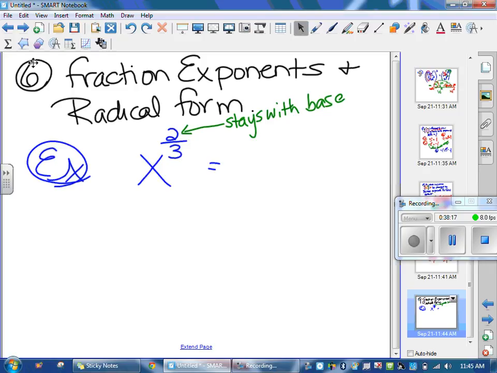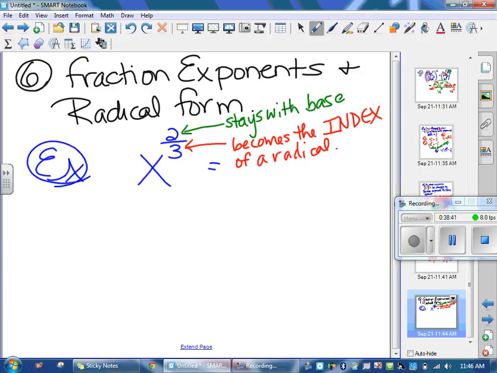The number on the bottom becomes the index of your radical. That's how you're going to put the x under the root sign.